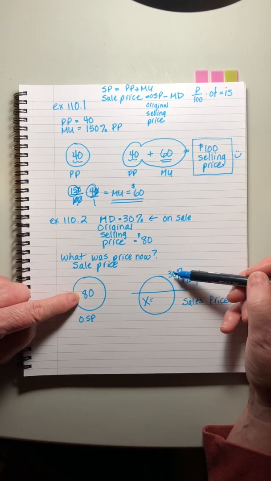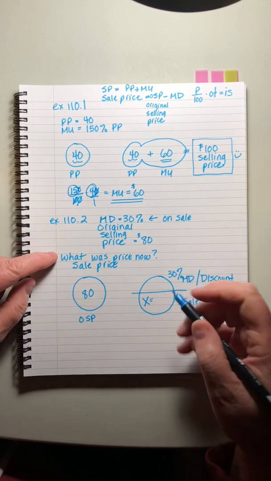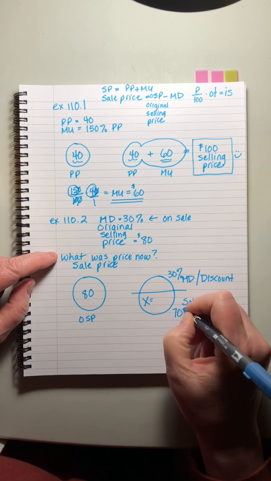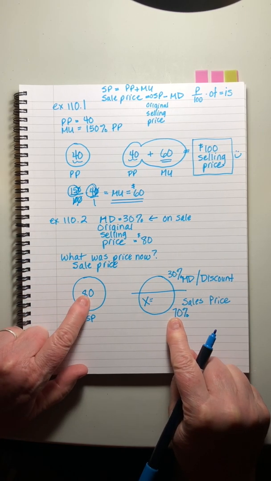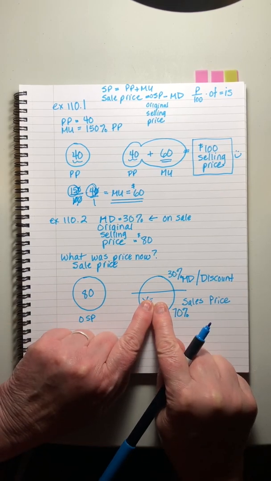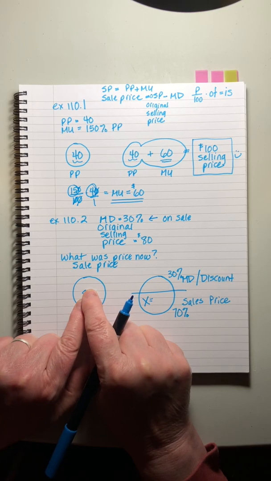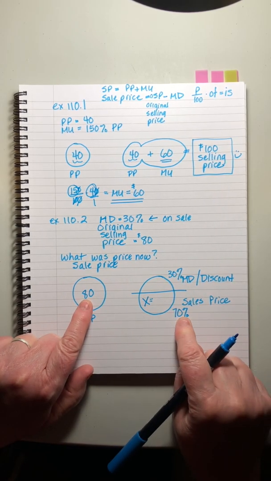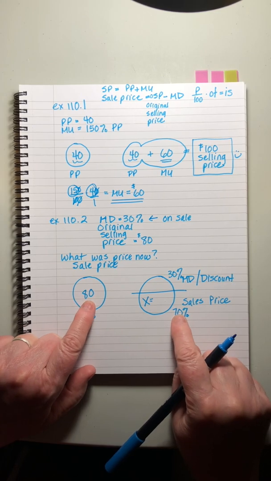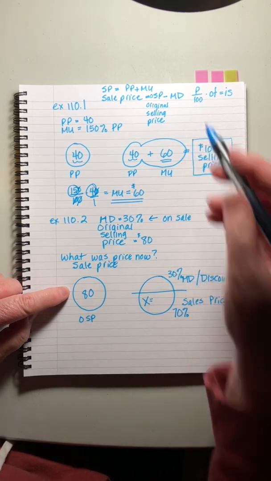We look at the percentage that you get off for the discount, the markdown, and you subtract that from 100. The difference is what you multiply by the original price in order to find the new sales price. If you multiply this, then you have to subtract it, right? I'll show you when we get the numbers. But if you flip this around with 100 and then multiply these two, then you get the sales price right away.